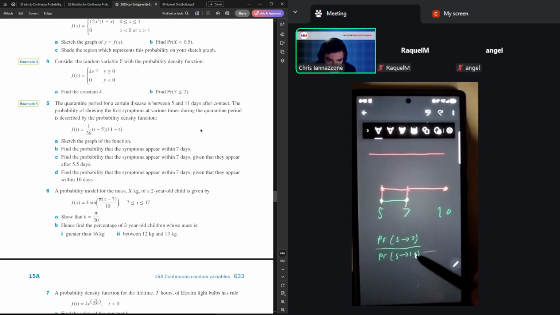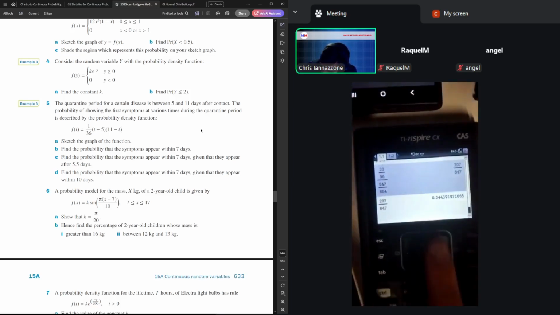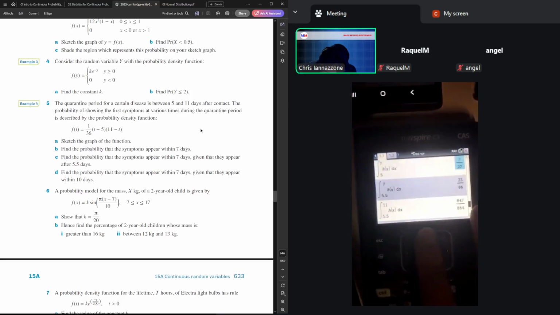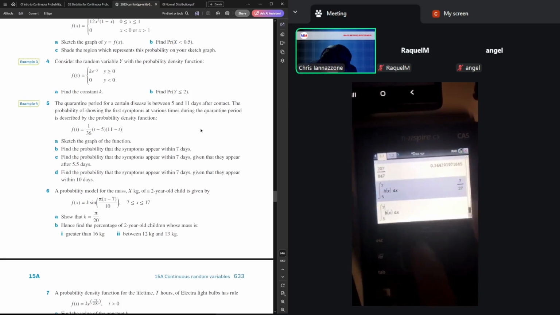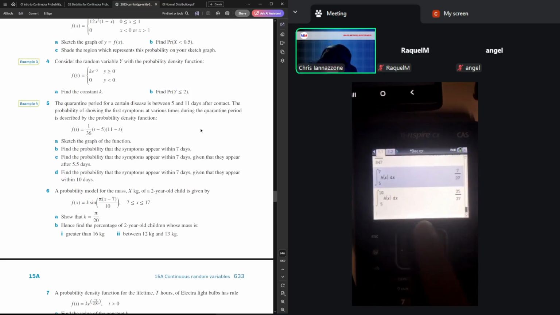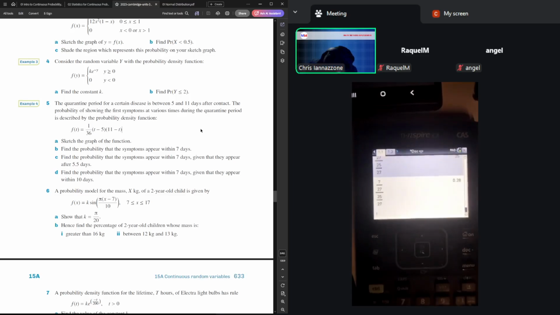Conditional goes on the bottom, intersection goes on top. Let's do exactly that. 5 to 7, already done. 5 to 10, coming up. This was our numerator, dividing by our denominator. This one comes out to be a little bit more likely, 28%.